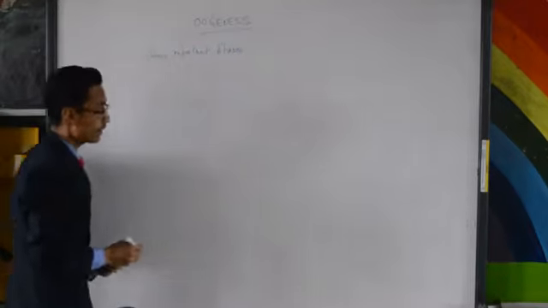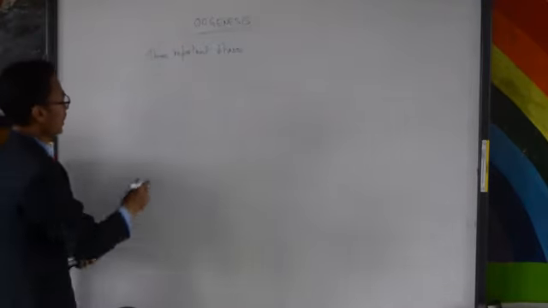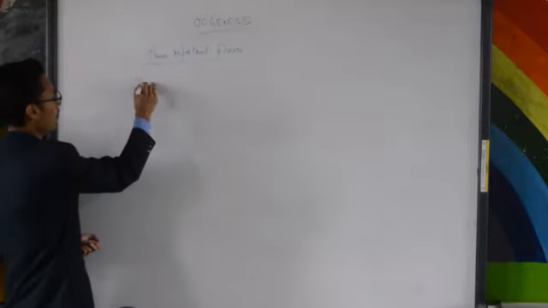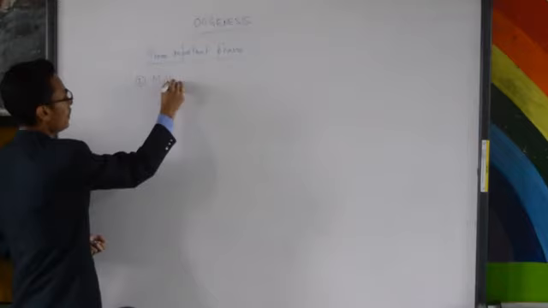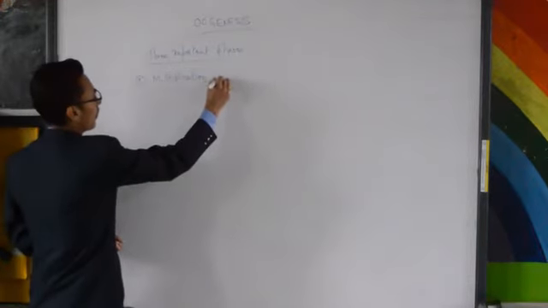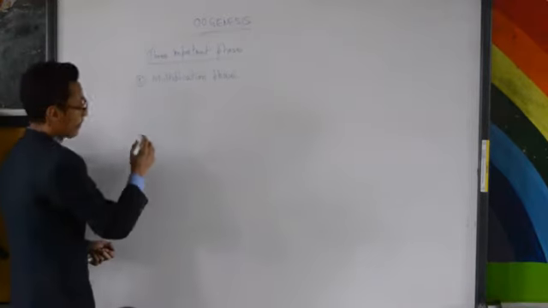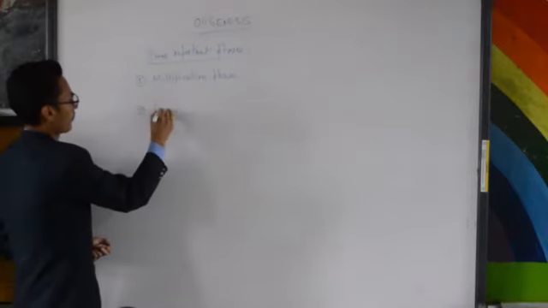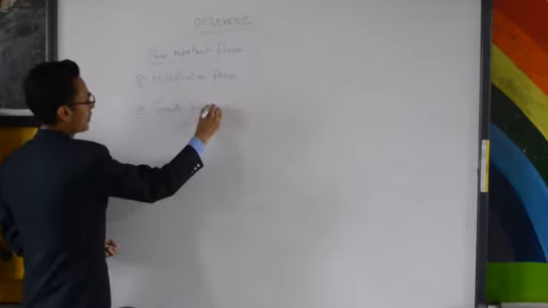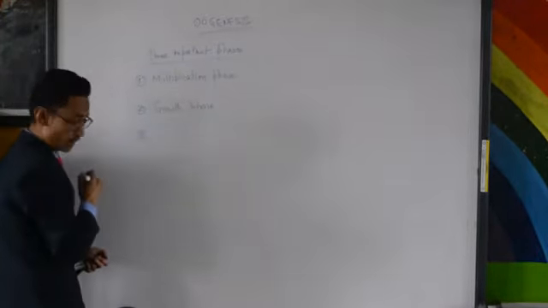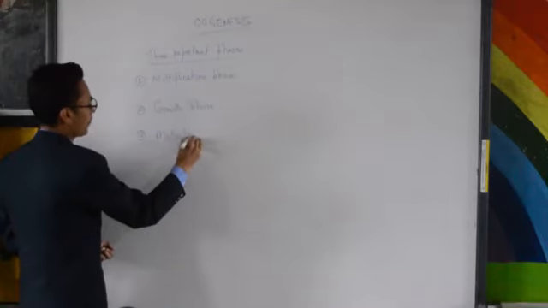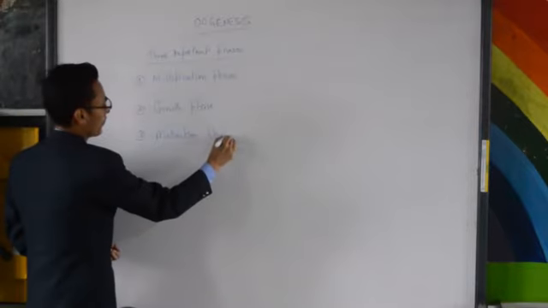So what are the 3 phases of oogenesis? The 3 important phases of oogenesis are: number 1, multiplication phase; number 2, growth phase; and number 3, maturation phase.